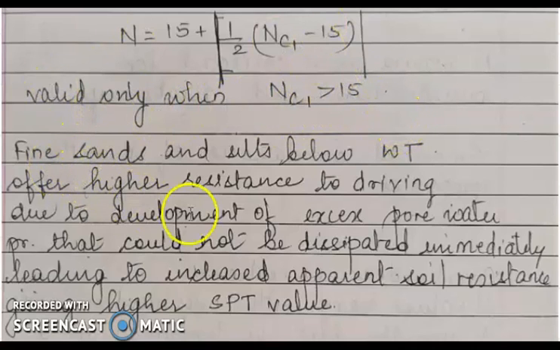Usually what happens is fine sands or silts which are underwater, which are submerged, will offer higher resistance to the driving of that sampler, due to development of excess pore water pressure. This pore water pressure cannot be dissipated immediately, because we are talking about fine sands, so this excess pore water doesn't dissipate immediately while driving.